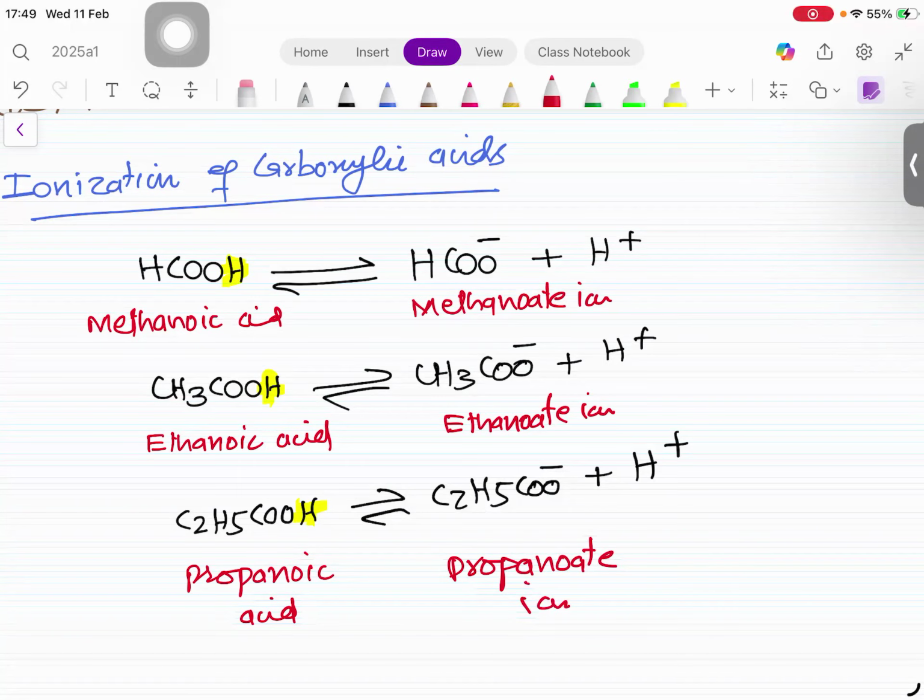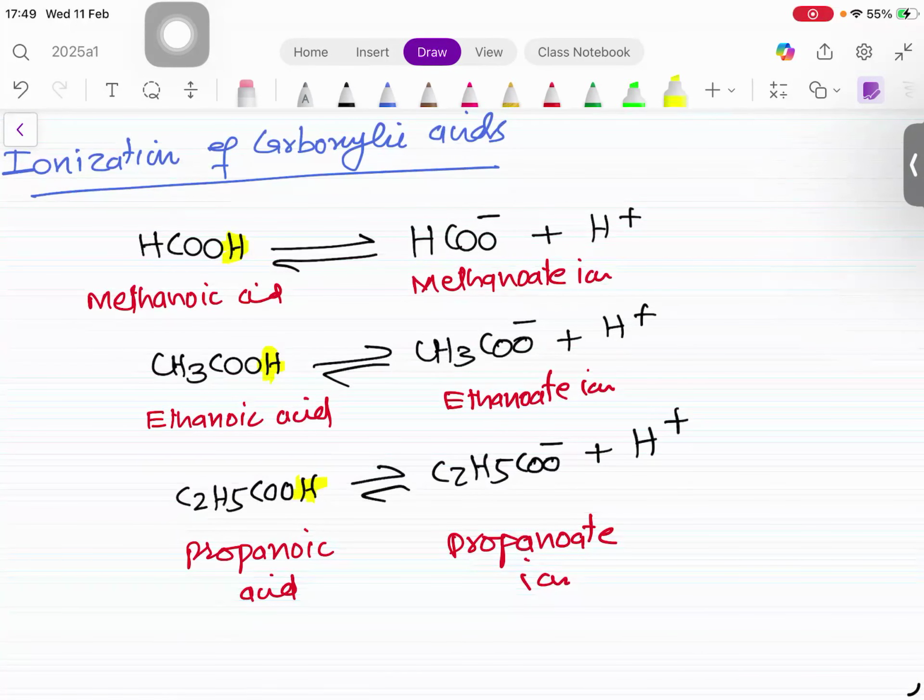But one thing you might have noticed is that in all these cases, the sign is not one directional. It is reversible, which indicates that carboxylic acids do ionize, but the ionization is not full. It's a partial ionization. That's why these carboxylic acids are acids, but they are not as corrosive as other acids like mineral acids, because they are weak acids.